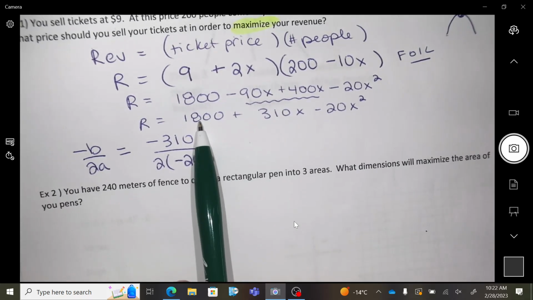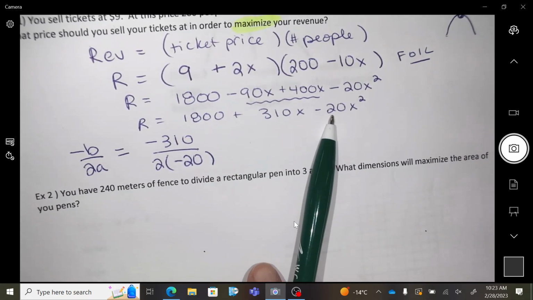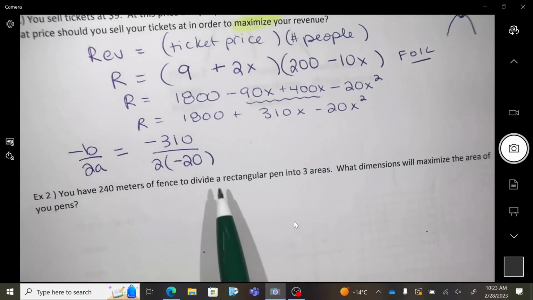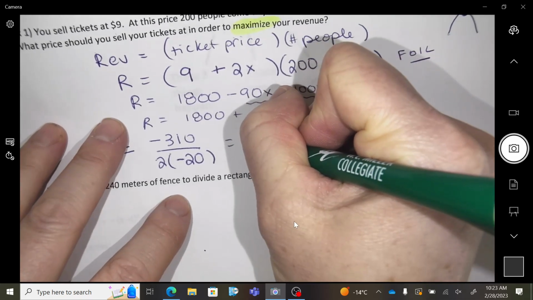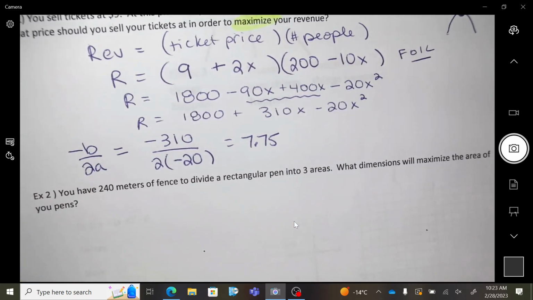This is the C, this is the B, and then this is the A. Okay, get me a number on that division. $7.75.